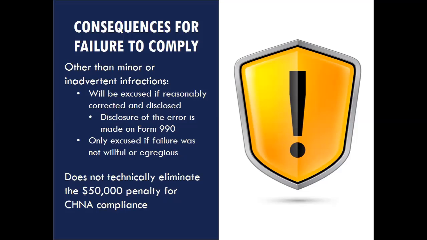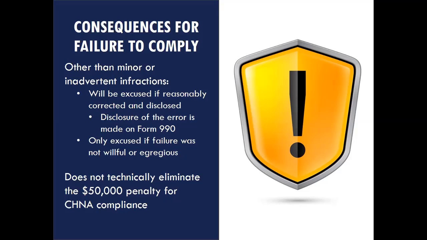The example that the IRS gives in this situation is you failed to adopt a report that contains all the elements, you discovered it, you corrected it, you got it approved, and you made it publicly available. So this is probably where we would see most of the situations falling into.